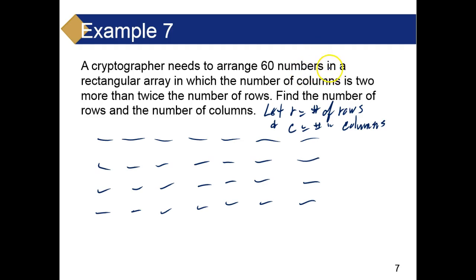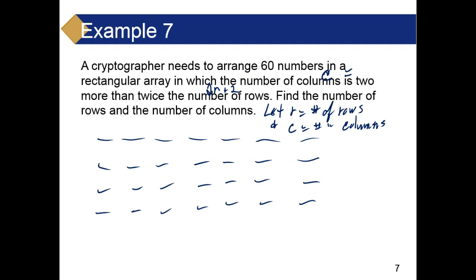C is, how does that translate? Is equal to 2 more than twice the number of rows. What's the number of rows? R. Twice the number of rows would be 2R. 2 more than that would be plus 2.